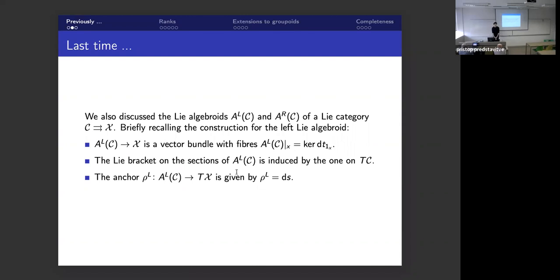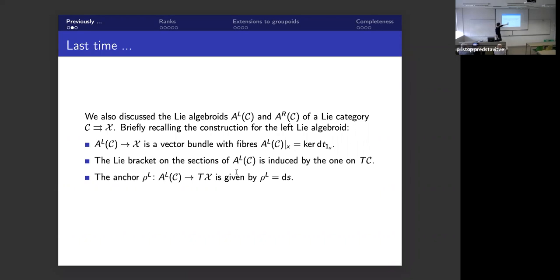Well, it's basically a vector bundle with additional structure that allows you to take the Lie bracket of the sections of this vector bundle. Obviously for tangent bundles this is always there, but for arbitrary vector bundles it's not. So we have to impose these structures additionally. And in the case of a Lie category, this happens naturally.